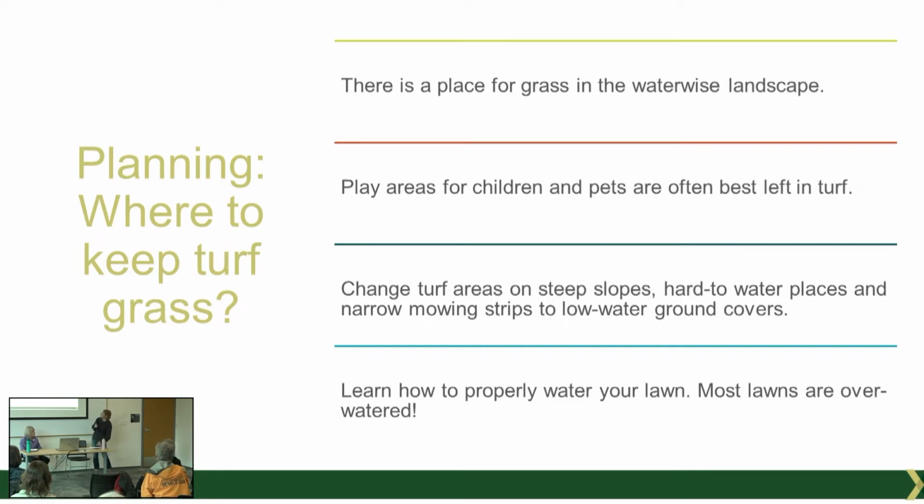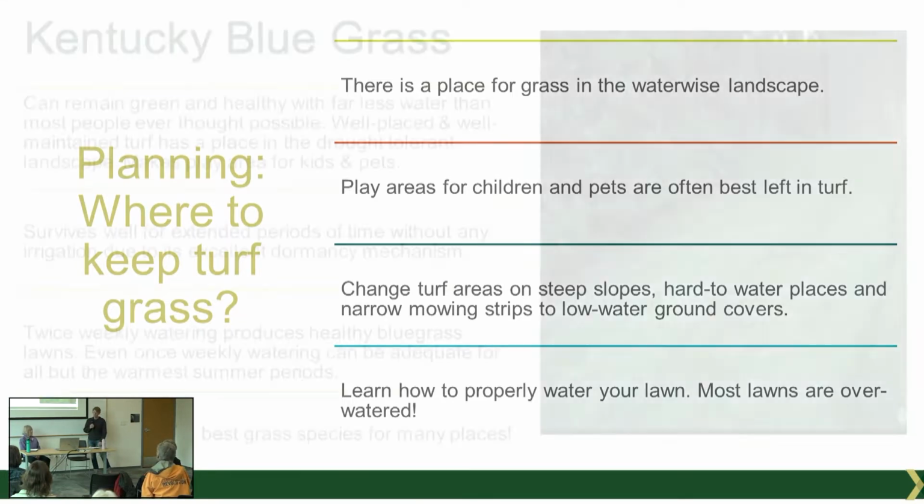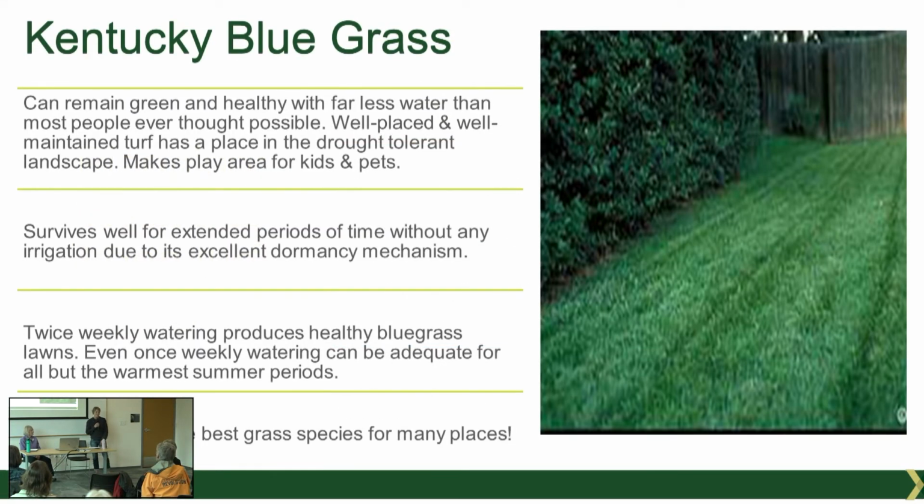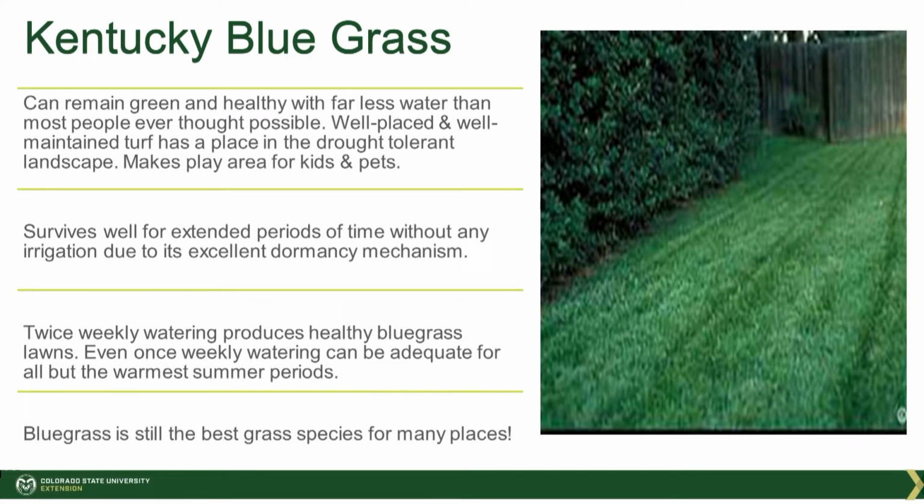Yeah. So on this next slide, Kentucky bluegrass gets a bad rap, but according to Tony Koski at CSU University, who has studied this deeply, it's actually still the best grass species for many places here in Colorado when it is watered properly. Usually it's overwatered.